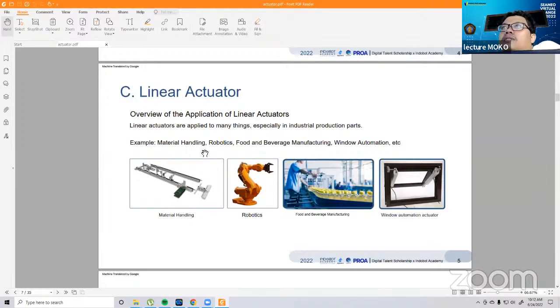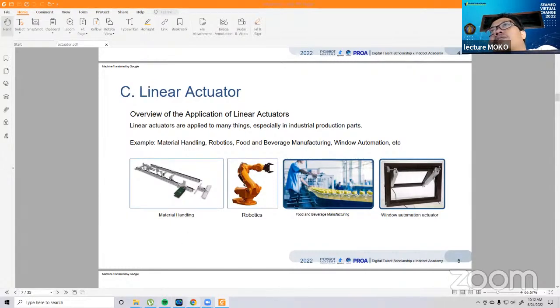This is an example of a linear actuator applied to many things, especially in industrial production. For example, for material handling, or robotics, for food and beverage manufacturing, to fill the bottles with liquid, and for window automation, or to open and close the door.